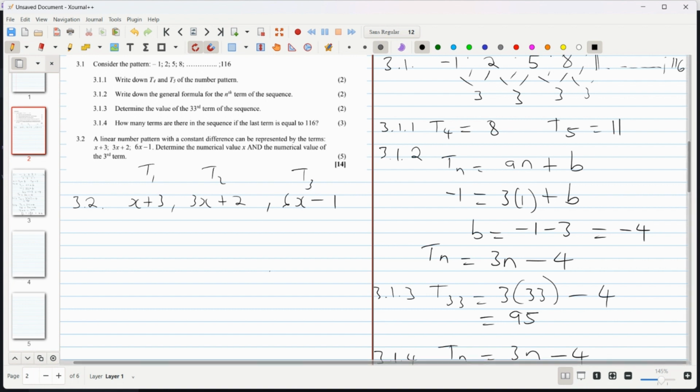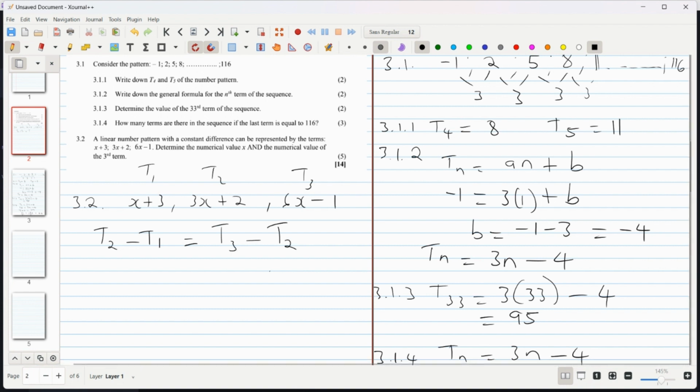For an arithmetic sequence or linear number pattern, remember T2 minus T1 will always equal T3 minus T2. So this is the formula. You have a constant first difference, so the difference between the second term and the first term equals the difference between the third term and the second term.